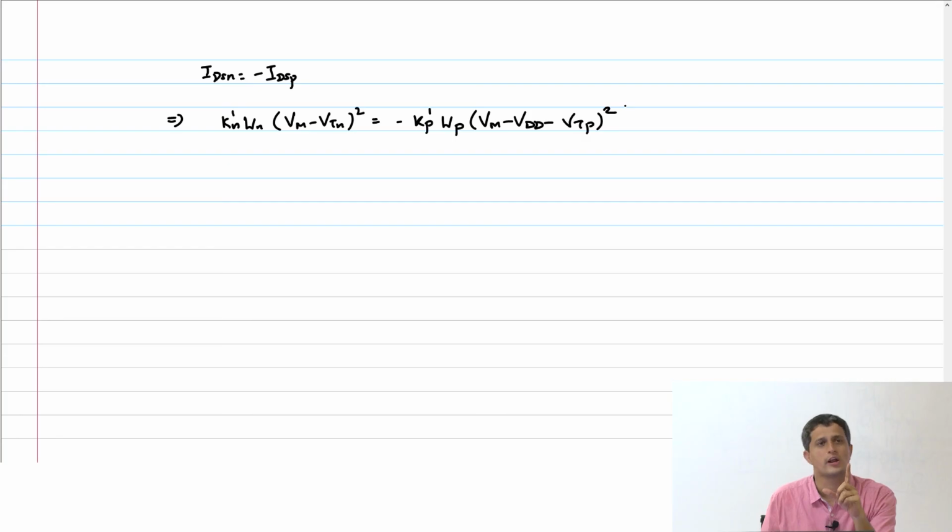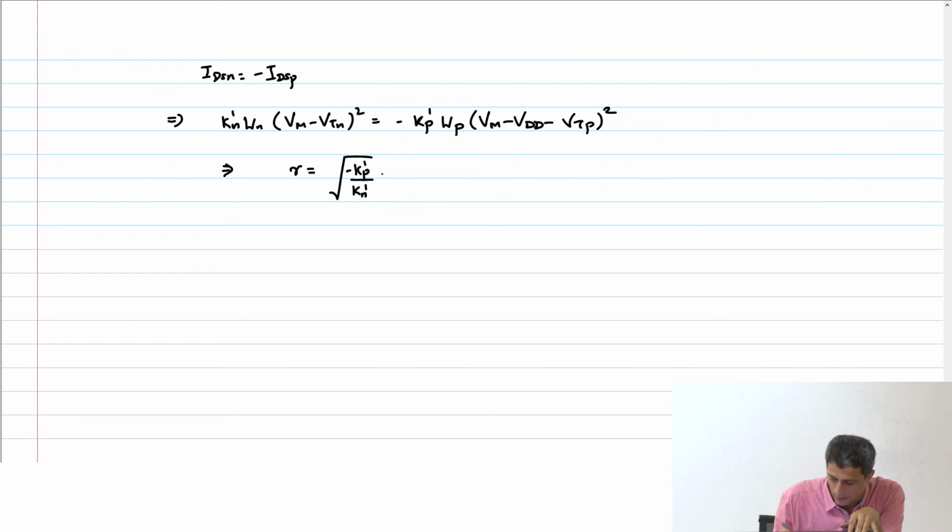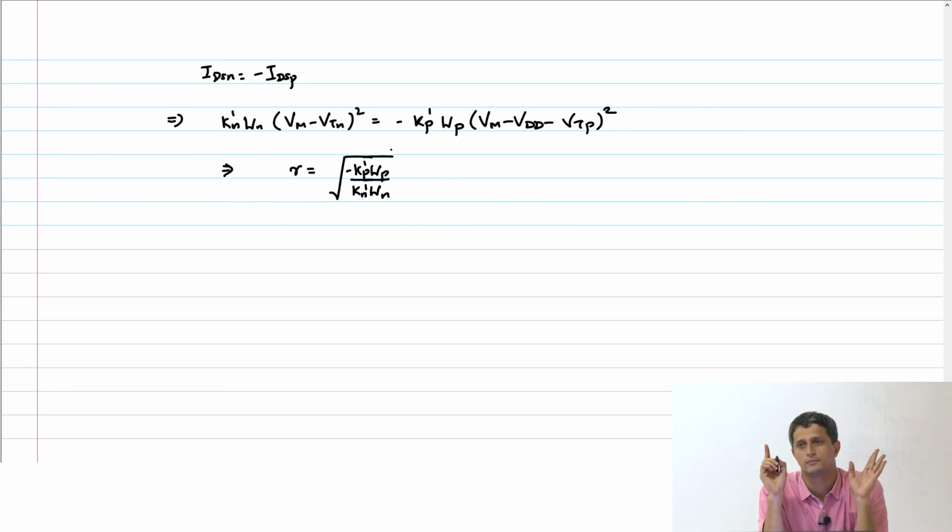So now there is a small trick. Of course, I have a square, so that minus sign you should be careful about, but that's not the real issue because minus Kp prime is a positive number, right? So if I define R as the root of minus Kp prime by Kn prime times Wp by Wn, Kp prime is a negative number, minus Kp prime is a positive number, therefore the square root is no problem.